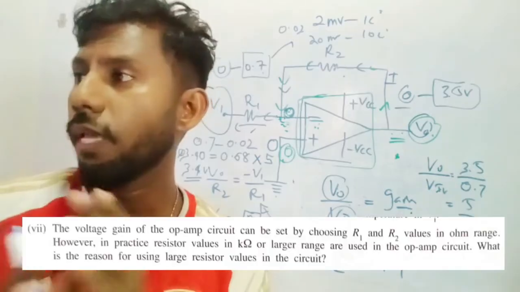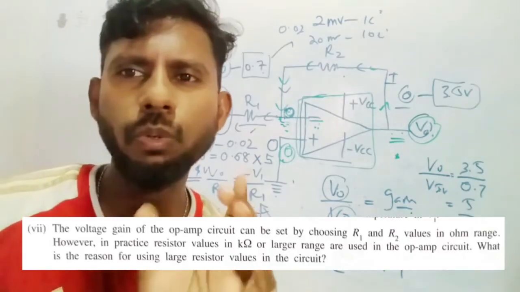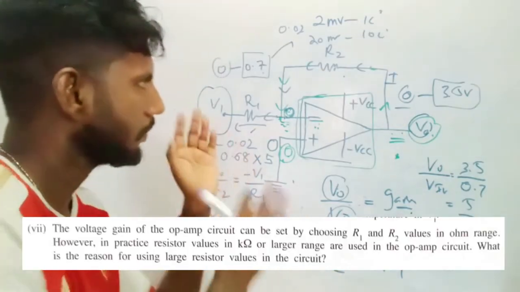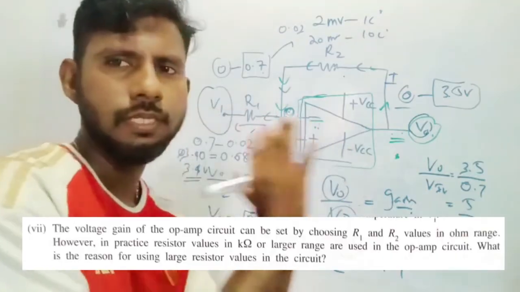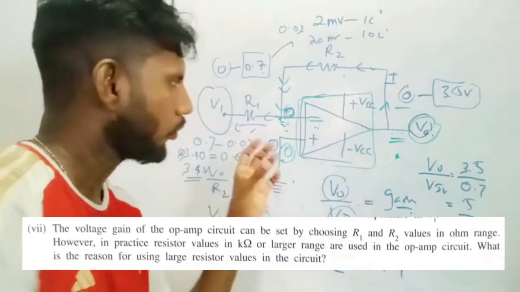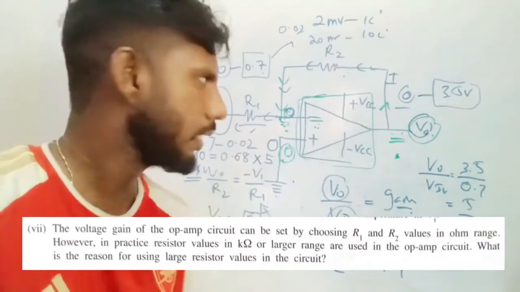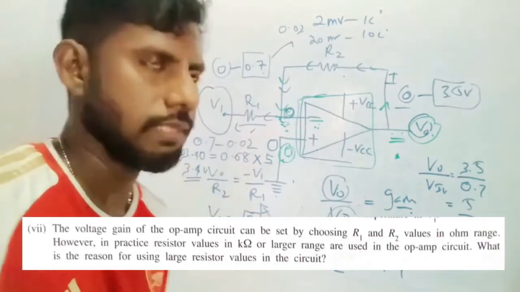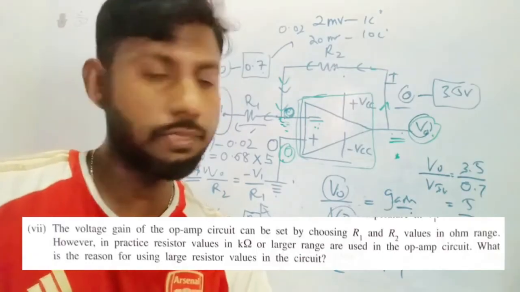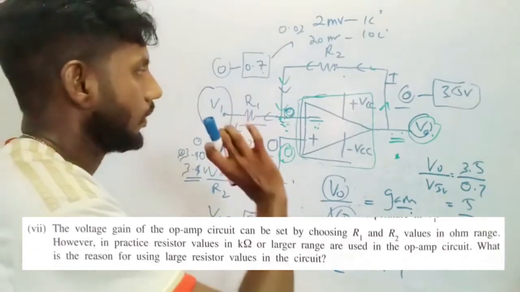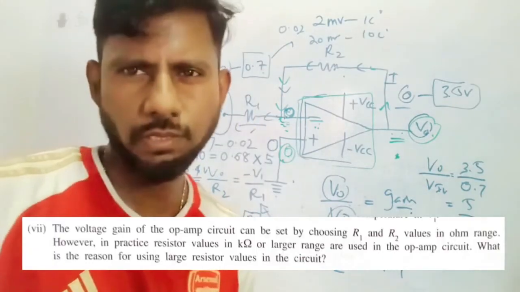But they ask why we should use the kilo ohm range. Basically, the reason is that the input resistance of this circuit must be very high. You can write input resistance, or input impedance, whatever.